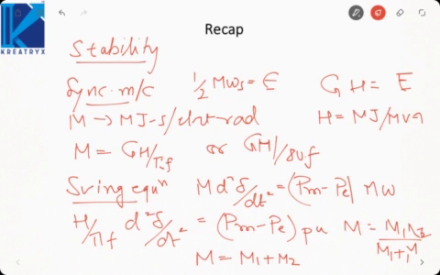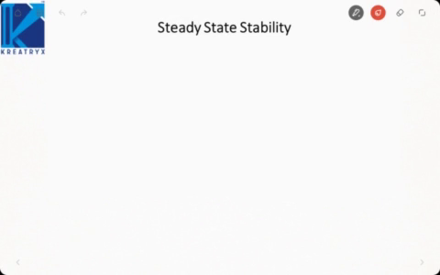In this lecture, we will focus our attention on steady state stability. So first, let us understand what is meant by steady state stability. Steady state stability refers to the system's ability to regain synchronism after it experiences a small disturbance.